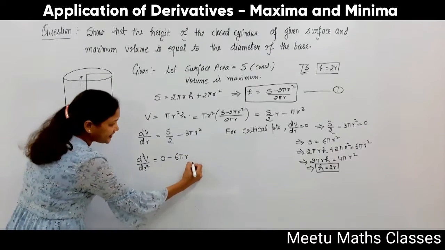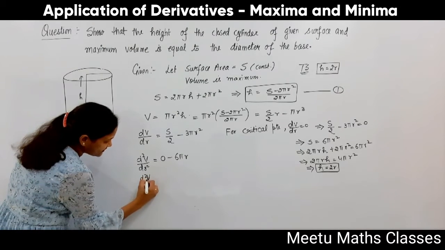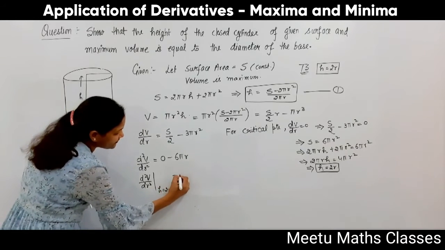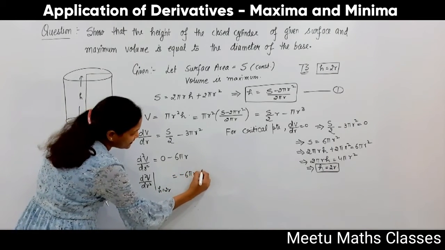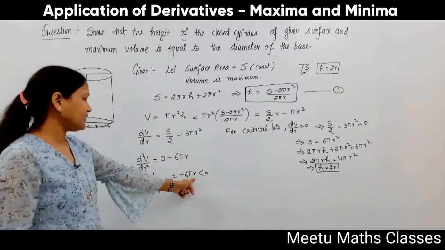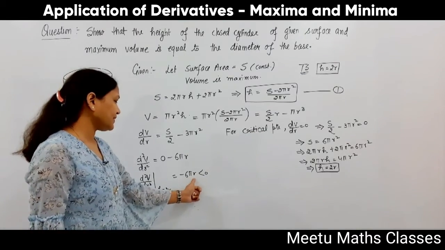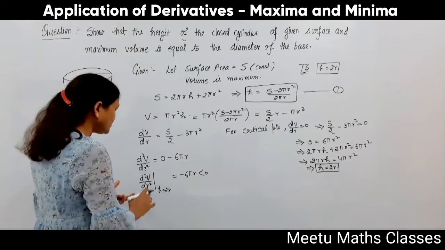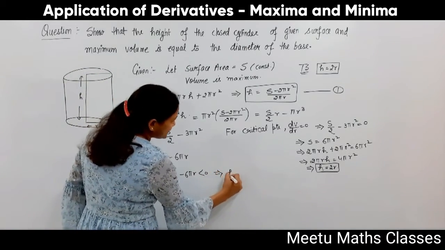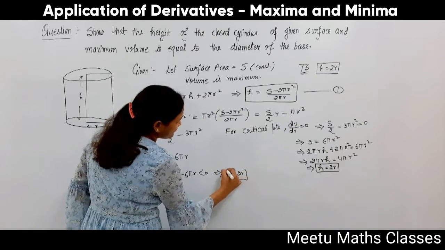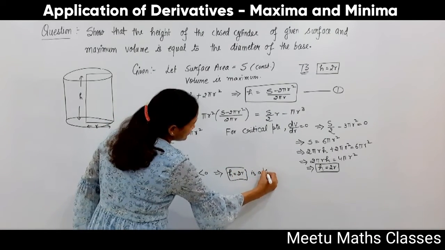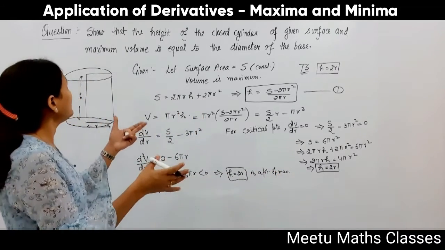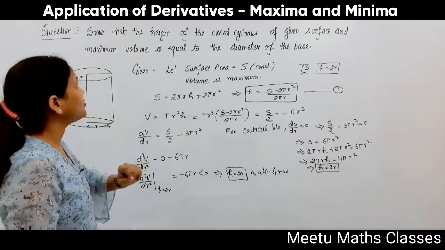So the second derivative at this particular point h is equal to 2r is also negative, because r is always positive, so minus 6 pi r is a negative quantity. That implies this is the point of maximum, and volume is maximum at this particular point.